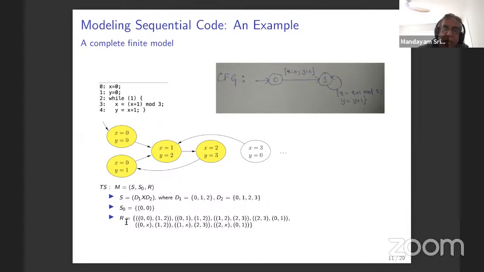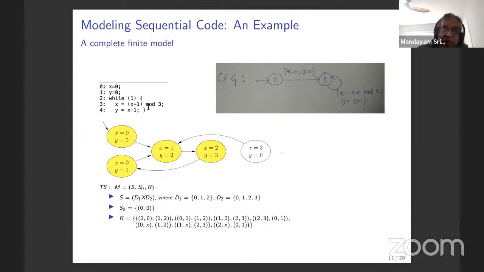It has to be defined for every element, every state that is included in S. Therefore, indeed, there is a next state to this one also, as shown by this transition.